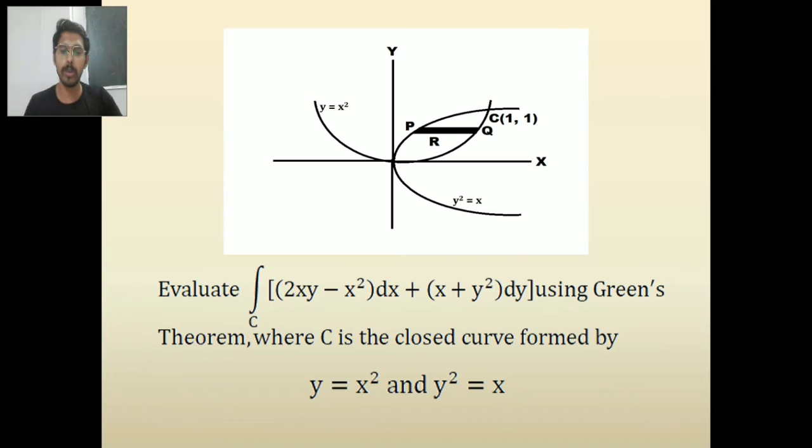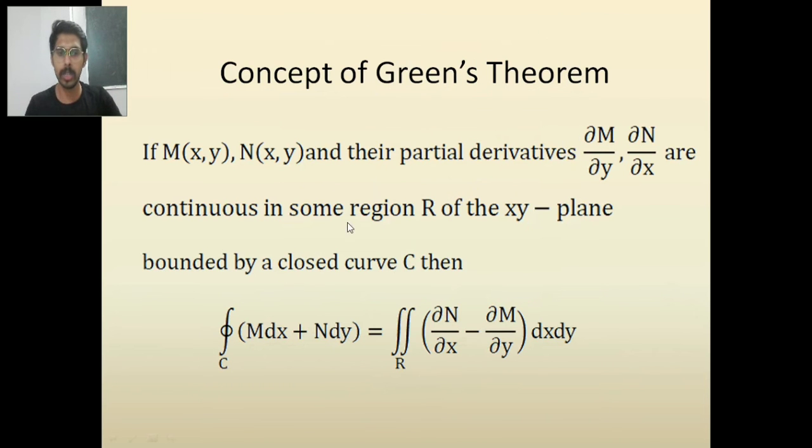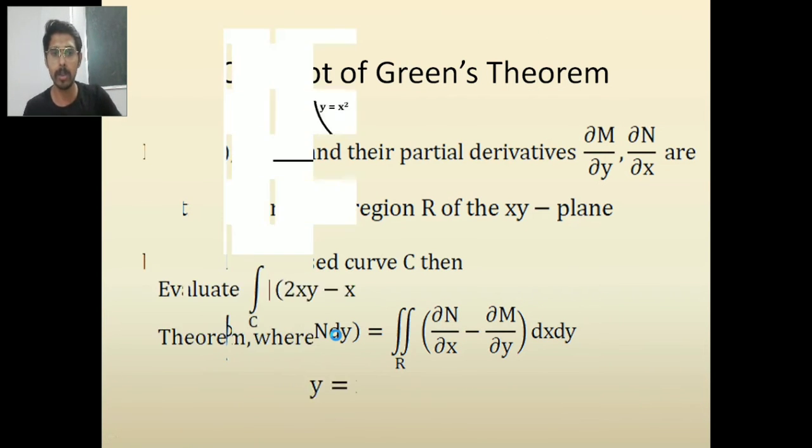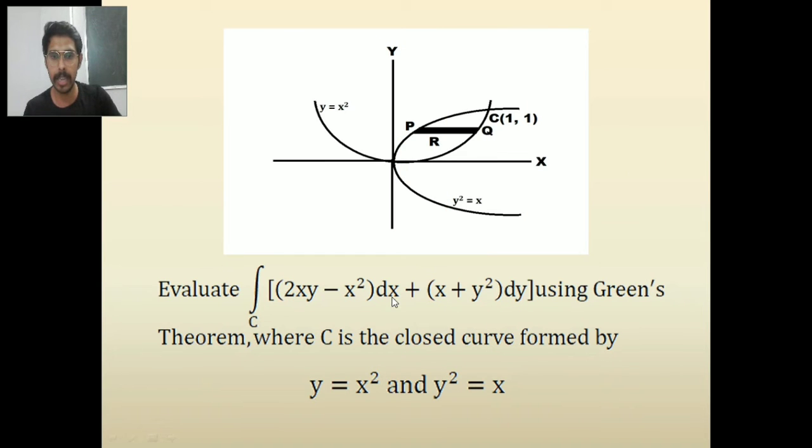Now as you can see, if you compare this with the equation here, m dx plus n dy, and here also we are having this dx plus this dy. So m here stands for 2xy minus x squared and n here stands for x plus y squared dy.